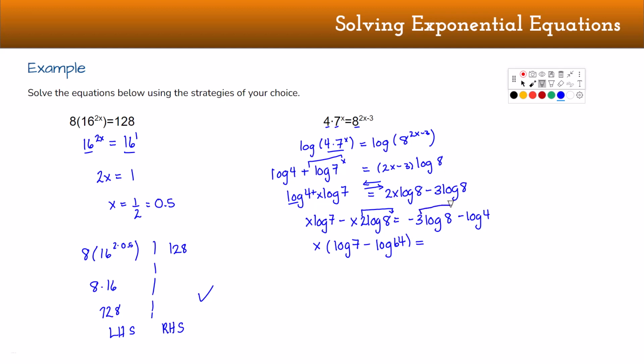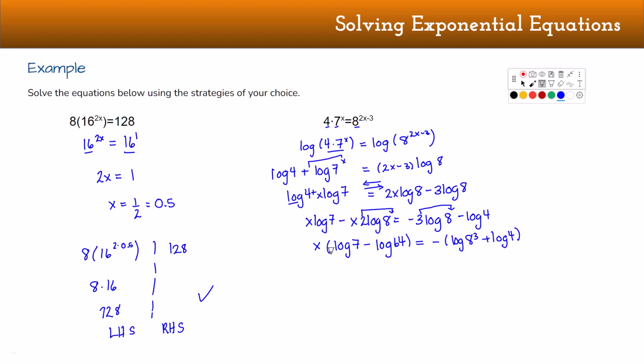Take that 3, bring it up here, and we can say negative, and let's take the negative out, negative log 8 cubed, big number, plus log 4.